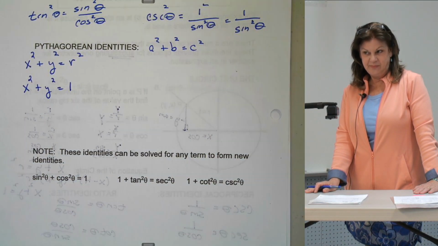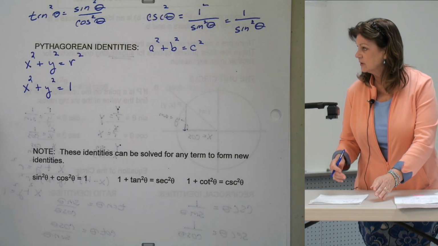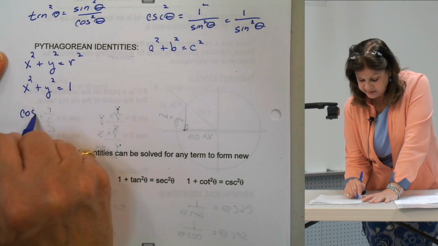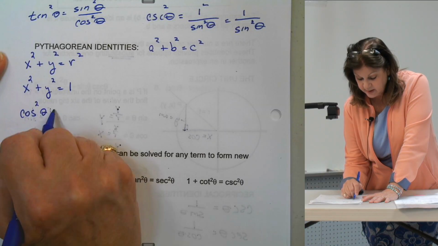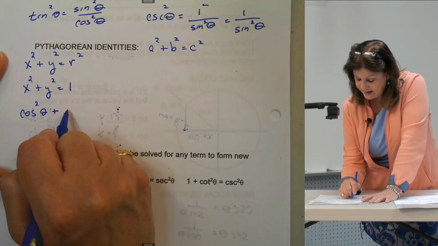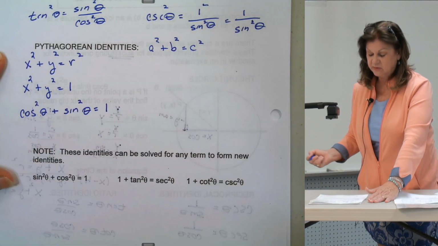But again, we are older mathematically, and we're not going to call x x. We're going to use our other term, and we're going to call it cosine squared theta. If I call x cosine, I'm going to be referring to y as sine squared theta, and it equals 1.